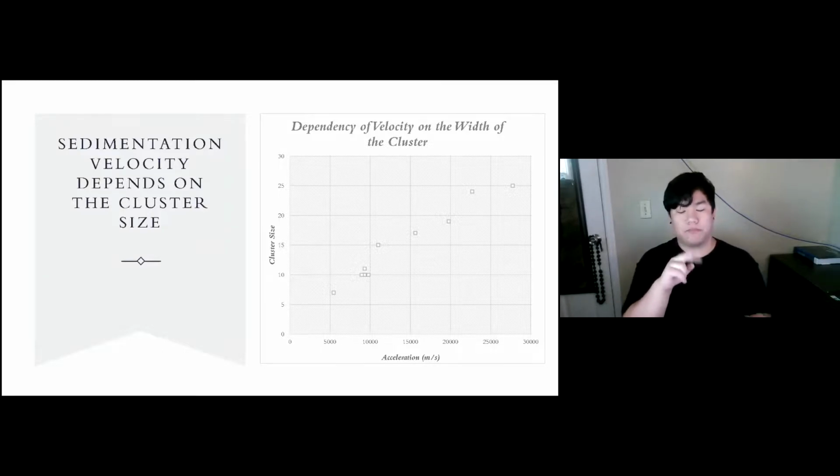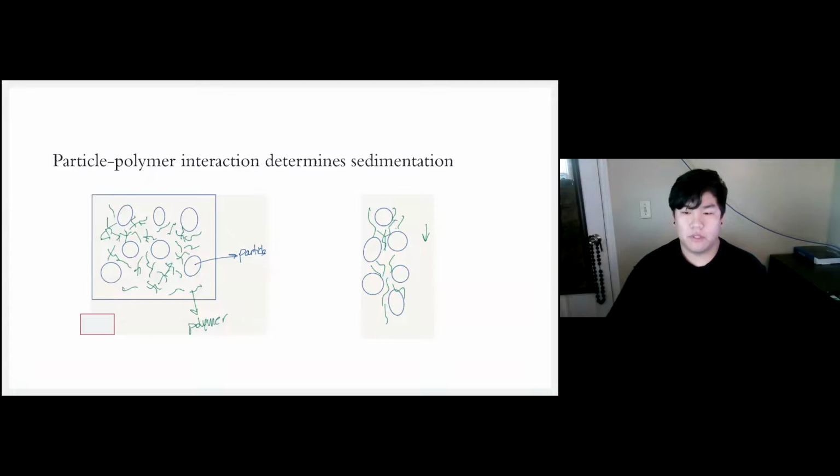We started out with different sizes of clusters, but as you saw in the video, the clusters didn't fully spread out, or they didn't break up. However, they were stretched down. So it showed the impact of the polymer on the sedimentation of the particles involved.